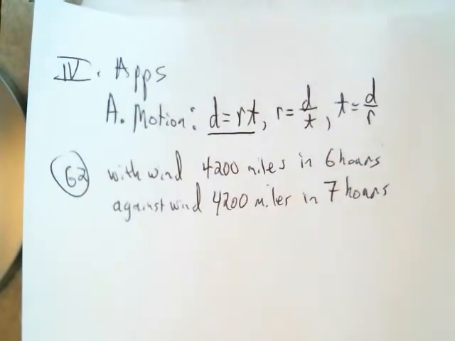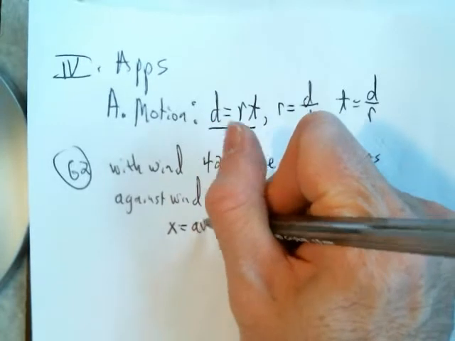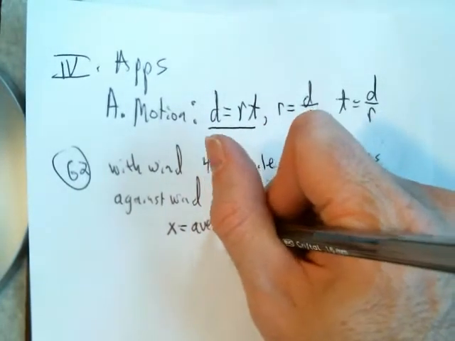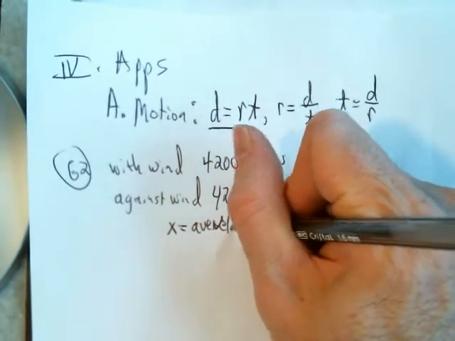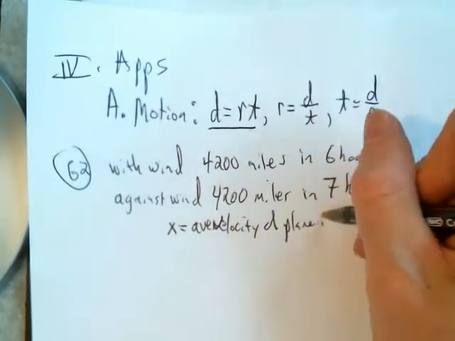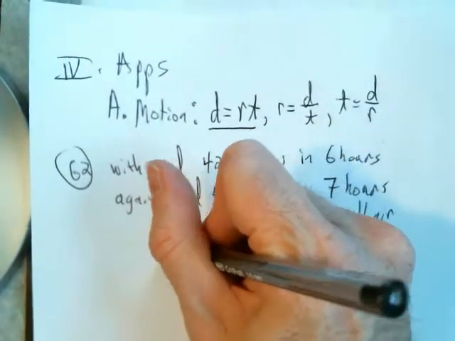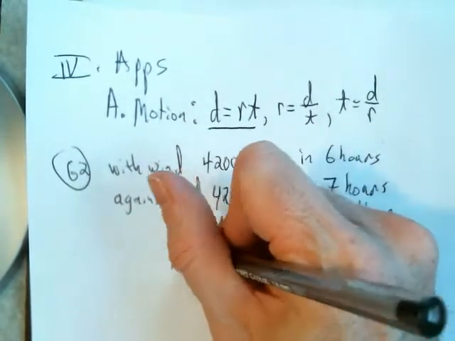Find the average velocity of the plane in still air and the average velocity of the wind. So let's define x to be the average velocity of the plane in still air. And then y will be the velocity of the wind.